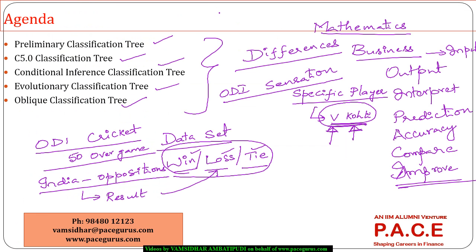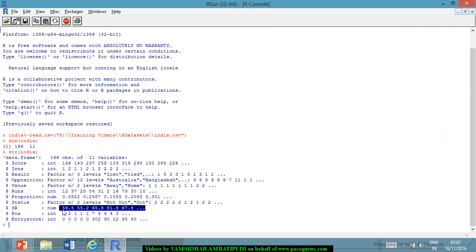So if he has scored 60 runs facing 100 balls, then the strike rate is 60%. That is what is being represented here: 54.5, 65.8, 81.8 and so on. So is the pace at which he has scored the runs really impacting the winning or the losing for India? We are going to look at that aspect as well.